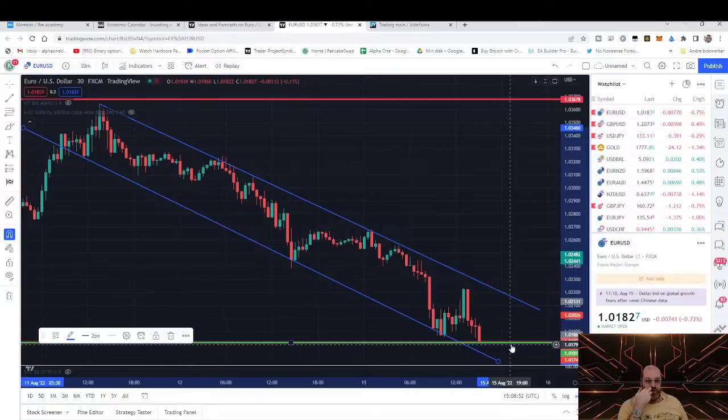But as we are now in a strong support, this is a 4 hour support, the probability is that we go up from here. But this is not enough for us to take a trade, because we have this trend line going here. This area is too small for us to take a trade, so we rather wait and see what will happen here.